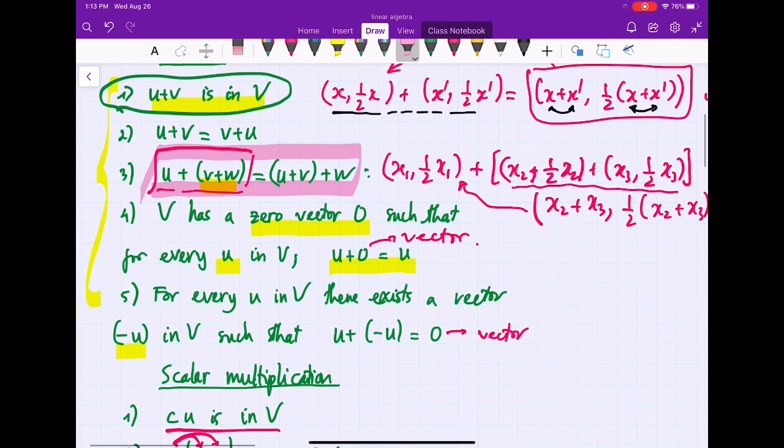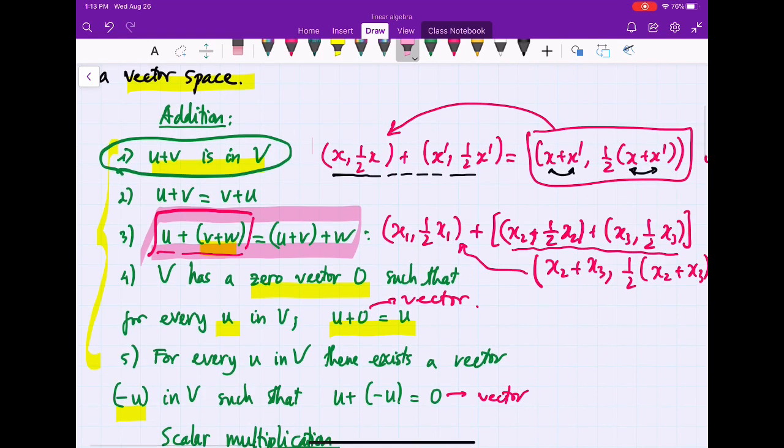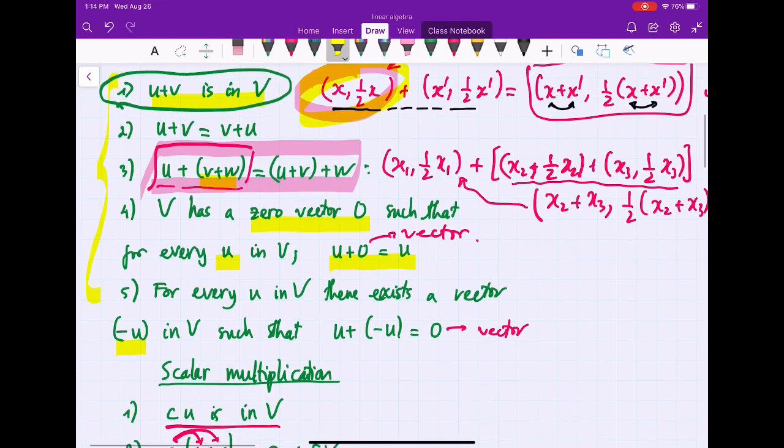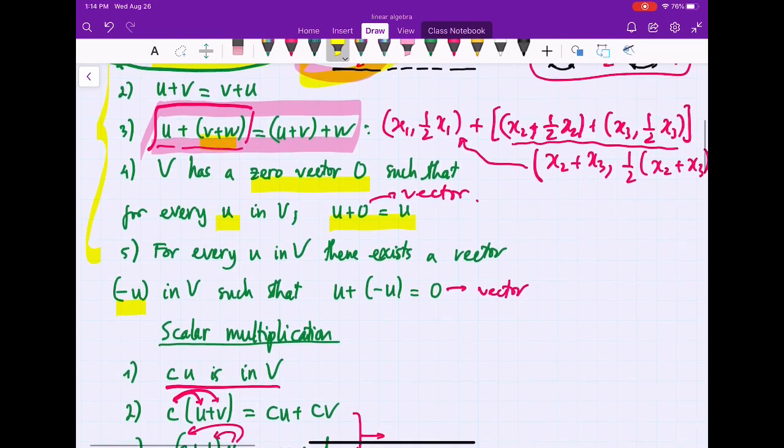V has a zero vector. So the general form of those vectors look like this. So when x is equal to 0, you have 0 vector, right? And we know from Rn that, you add 0 vector, you get the same vector. So the fourth property is also satisfied.